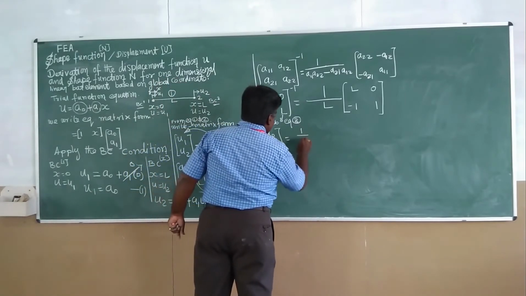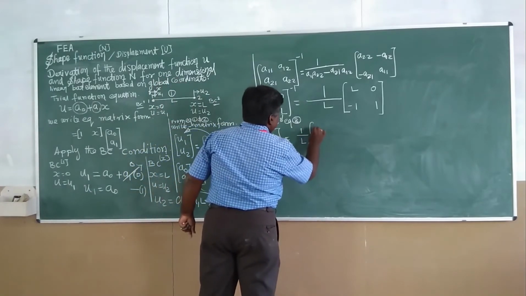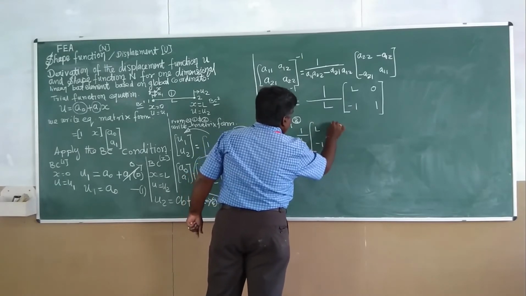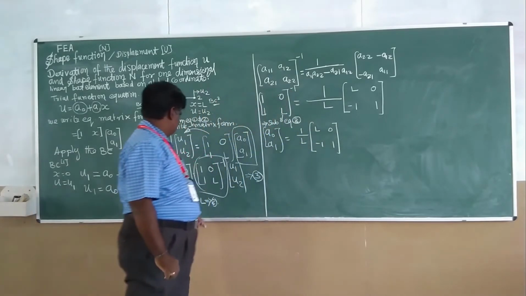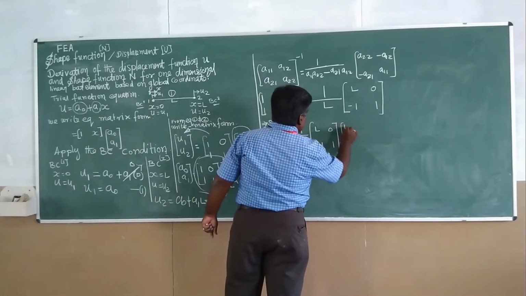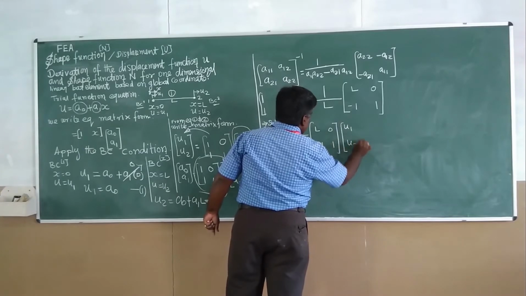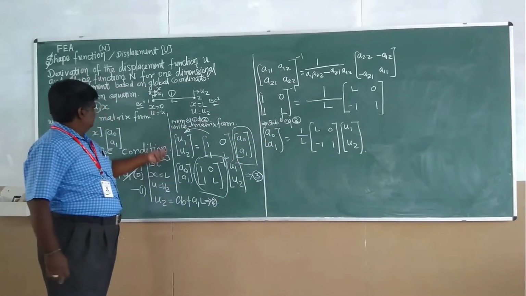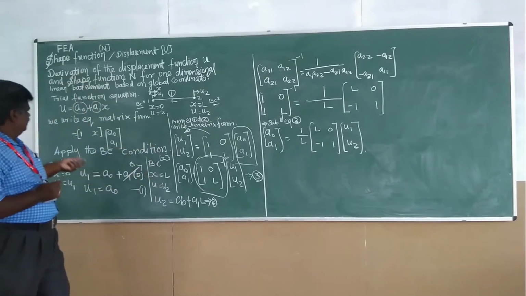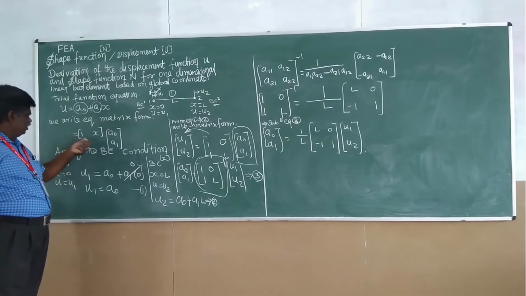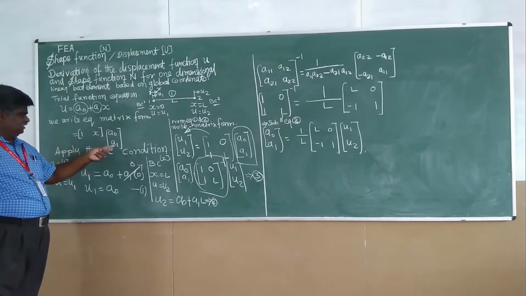So a0 a1 equals 1 divided by L, times the matrix L 0, minus 1 1, into u1 u2. The initial trial function in matrix form is 1 x into a0 and a1.